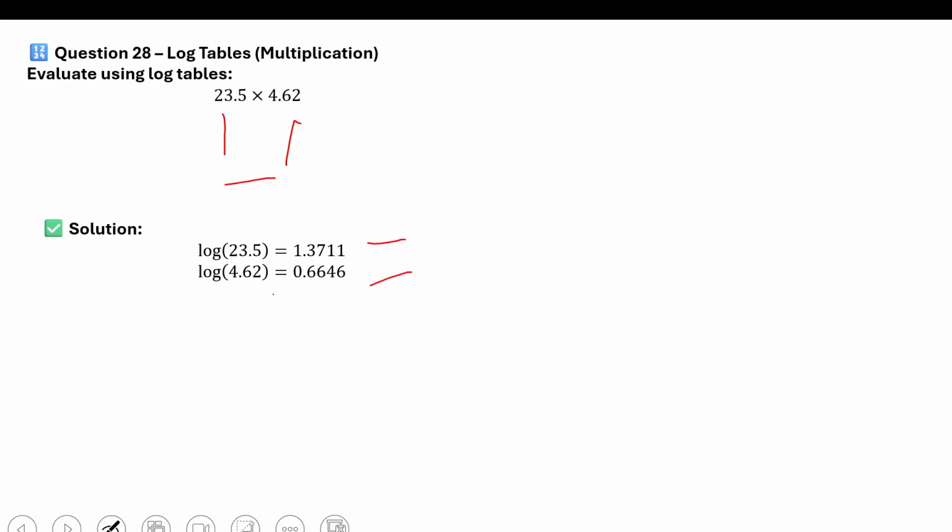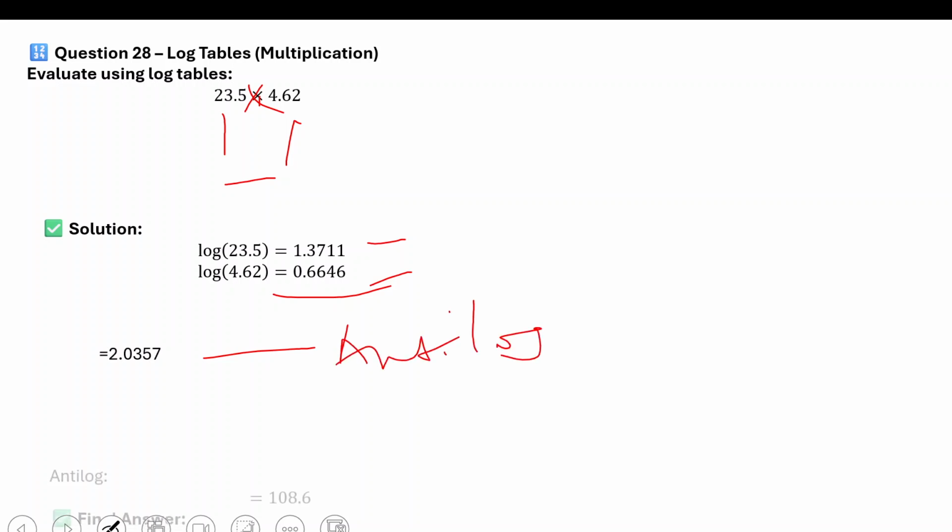So you add the two of them because we're looking at multiplication here. You get the answer as 2.0357. Then you find the antilog of this, and the antilog is 108.6.